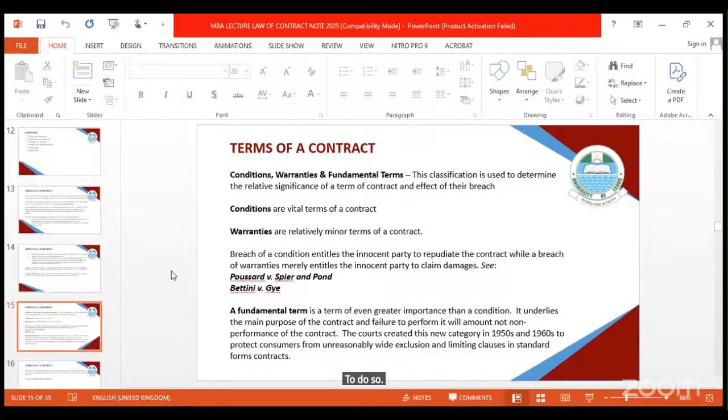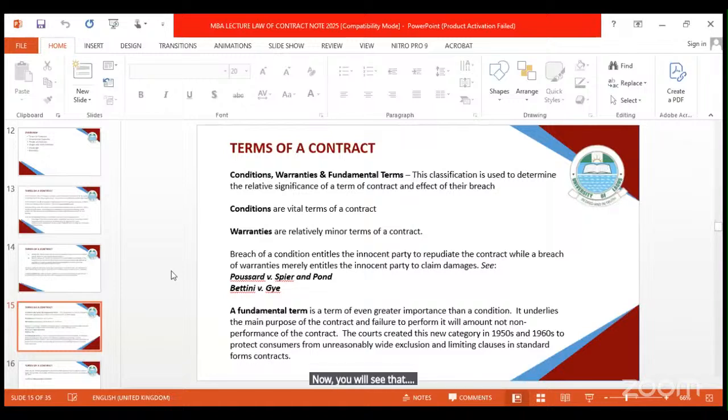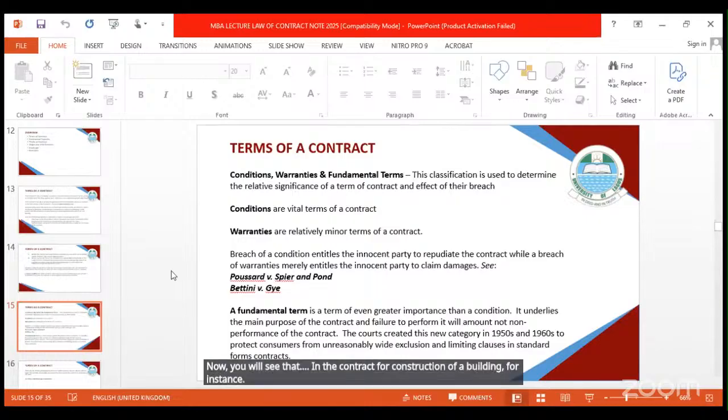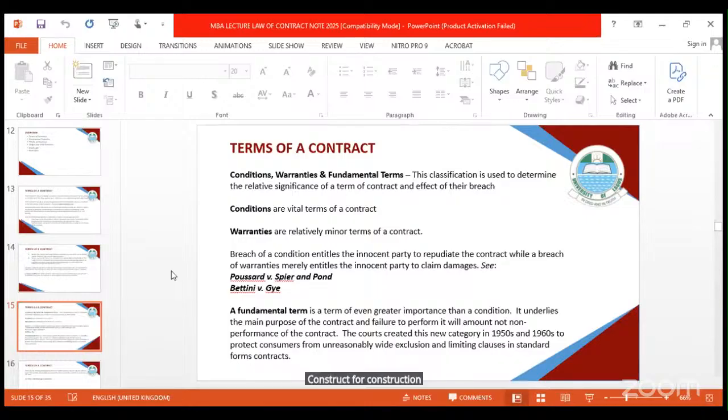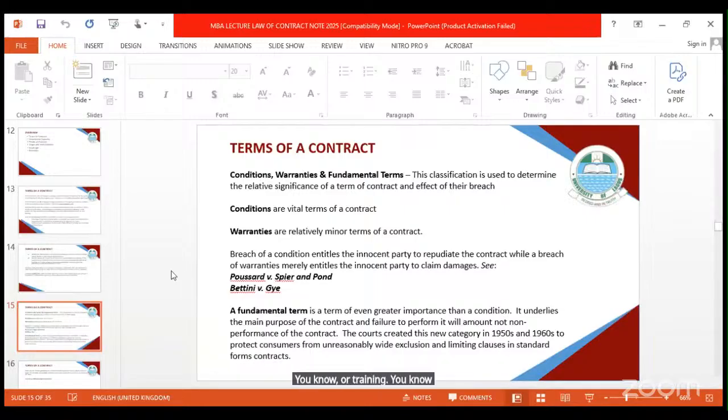Now, you also have, as I said, classes of terms of contract based on the weight that you attach to them. You will see that in a contract for construction of a building, for instance, or a contract for supply of consultancy services or training, as the case may be. So if I awarded a contract to conduct a training for NNPC, there are some basic things you need to do there.